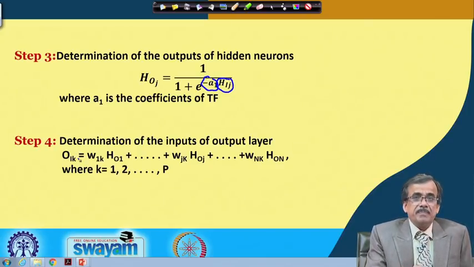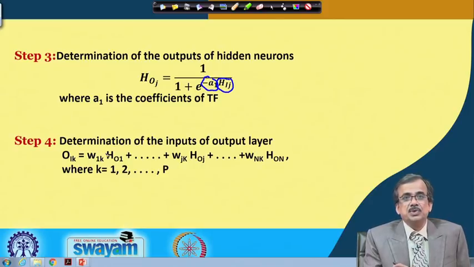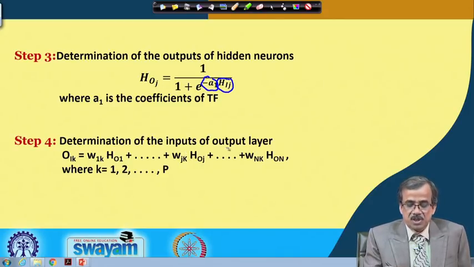Now, next is step 4, that means we will have to find out the inputs of the output layer.